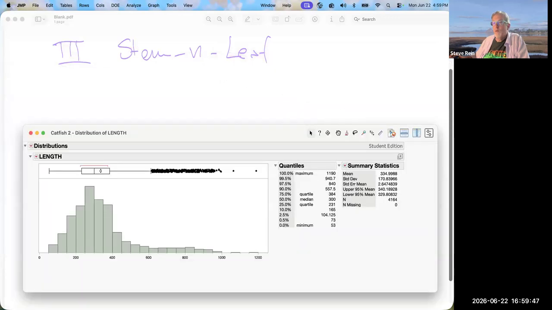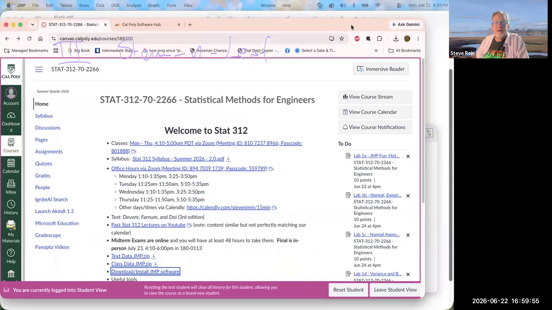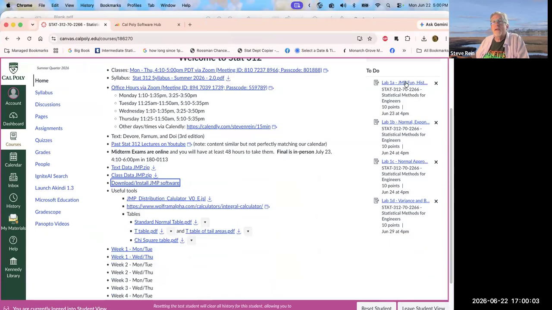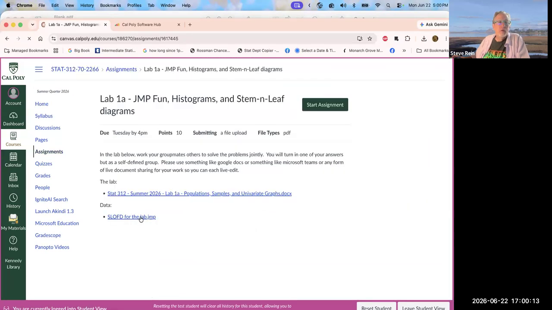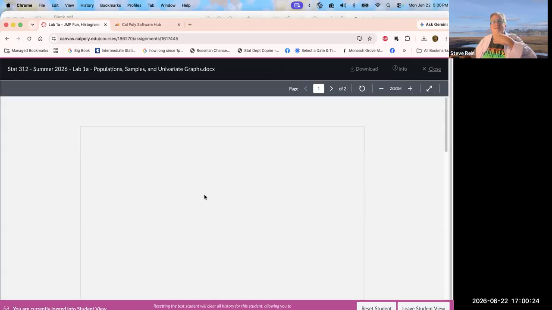While I get ready to point you in the next direction, the direction for the lab, let's get back over here to the lab. If I click my way into week one, or maybe just the first lab activity, 1A corresponds to week one, Monday. As a group, individuals will probably download this so you can work along as you go, the slow fire department data. You're going to open this data assignment, download it, and start typing your answers.